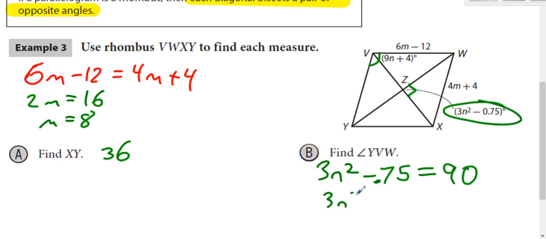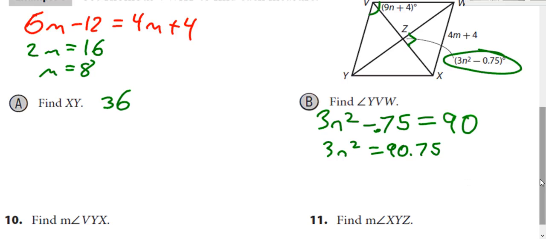So 3n squared equals 90.75. Divide by 3 and you get n squared equals 30.25. And you take the square root to find that n is 5.5.